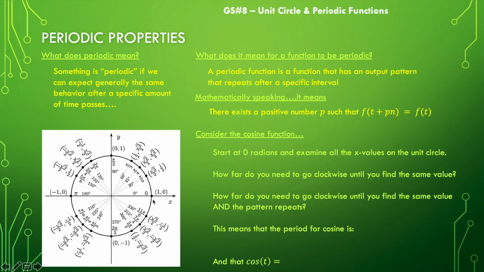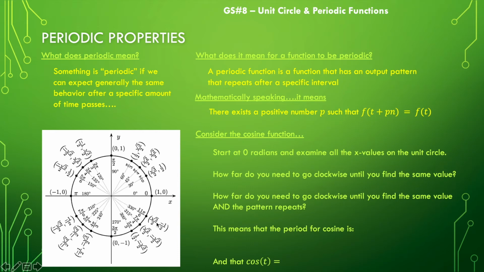So how far do I have to go until I find the same x value? Well, here's the cool thing. If I start here at 0 radians, I actually have to go all the way around the unit circle to get back to an x value of 1. That is true if I start here, but if I start at rad 3 over 2, I don't have to quite go all the way. I have to go all the way around until I get here.